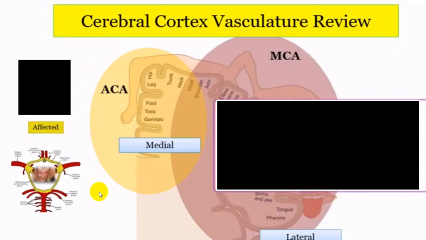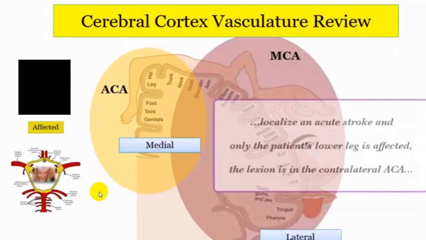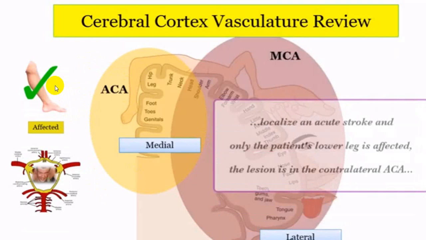If anterior cerebral artery is involved, and this is middle cerebral artery. If anterior cerebral artery, lower limb is involved. If middle cerebral artery acute stroke, only the patient's lower limb is affected. The lesion has to be in the contralateral anterior cerebral artery.